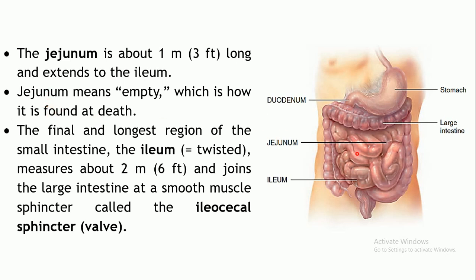The last portion into which the jejunum will open is the ileum. This is the last and the longest region of the small intestine, which occupies the remaining 2 meters. So the actual length of the small intestine is round about 3 meters, out of which 25 centimeters is the duodenum, 1 meter is occupied by the jejunum and the remaining 2 meters is occupied by the ileum.